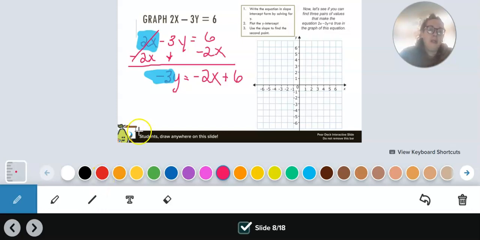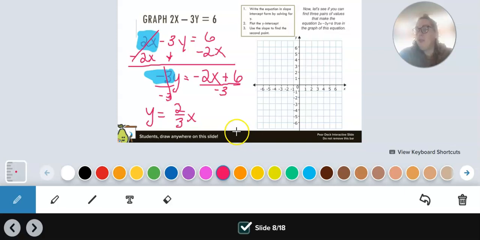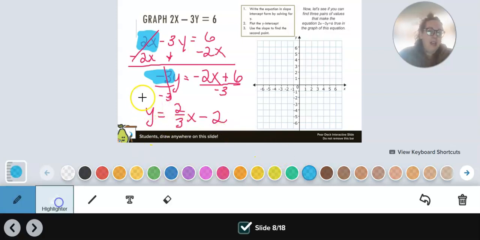So to undo multiplication, we will divide by negative 3. And whatever we do to one side, we have to do to the other. So we have y equals negative 2x divided by negative 3. Those negatives will cancel, and we'll just be left with positive 2/3 x. 6 divided by negative 3 is a negative 2. So there's our equation now in slope-intercept form.